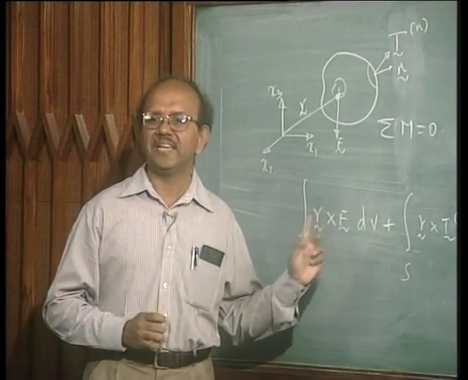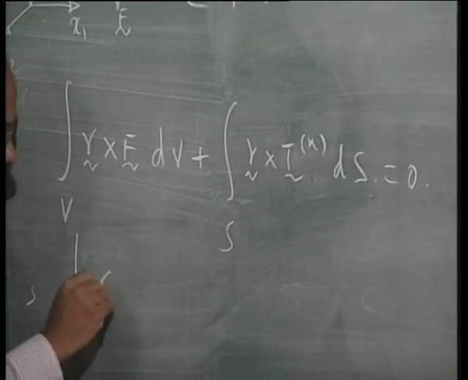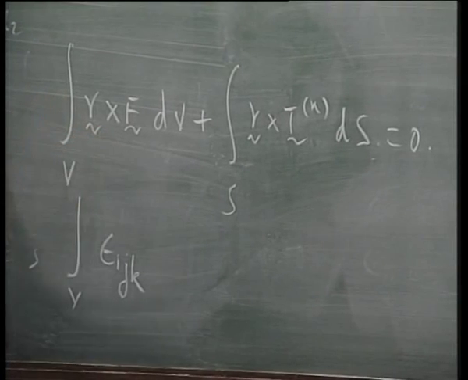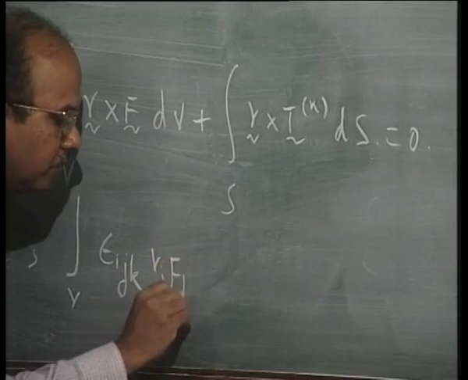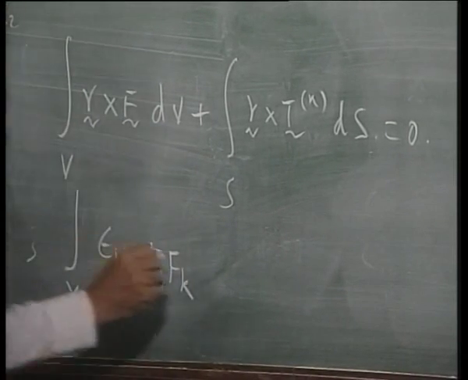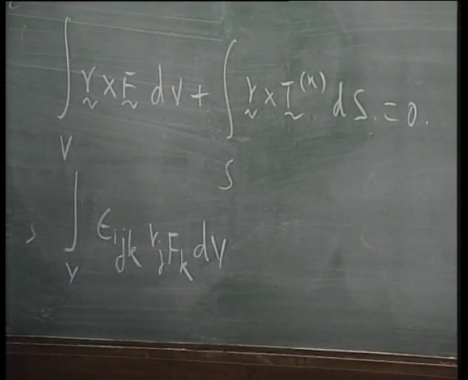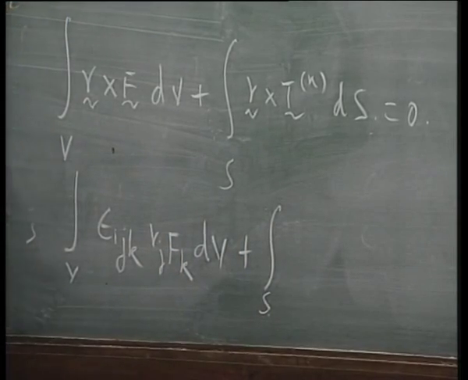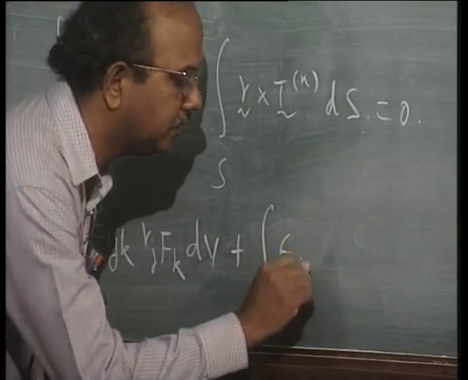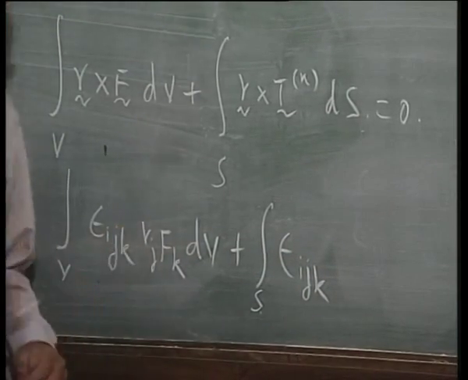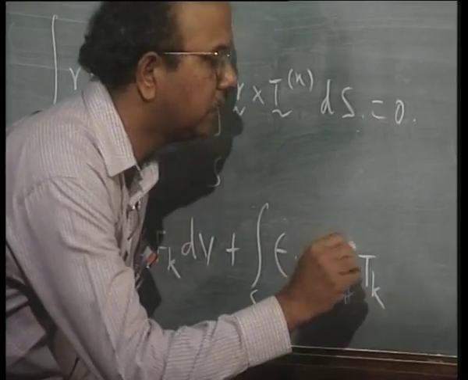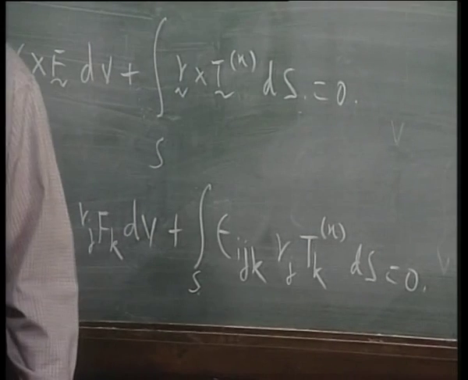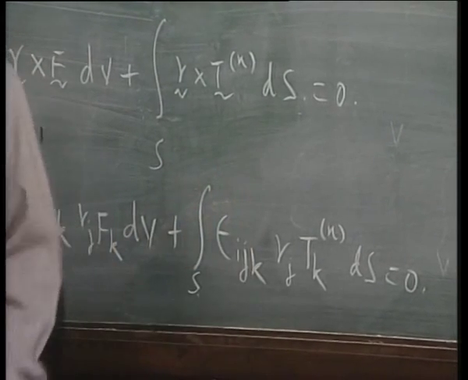So epsilon ijk rj fk dv, right, plus same thing epsilon ijk rj tk n ds is equal to 0. Tk is the stress vector.